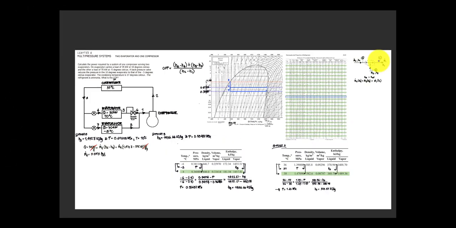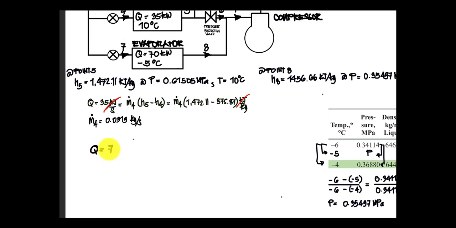Now for our mass flow rate at point 8, we shall do the same process. We need to write our equation for the refrigerating load of the evaporator carrying 70 kilowatt, or kilojoule per second.